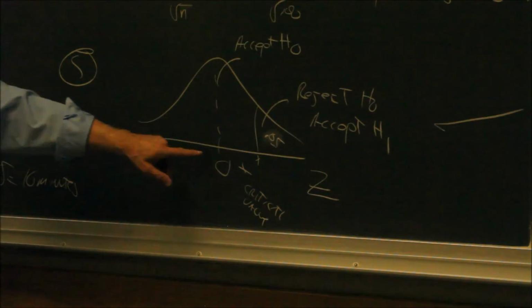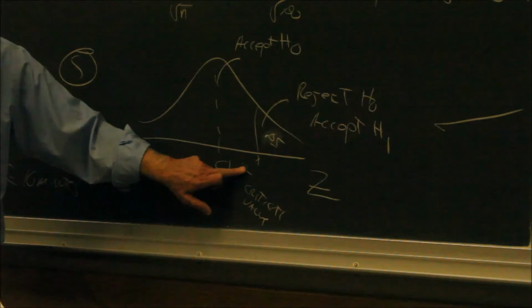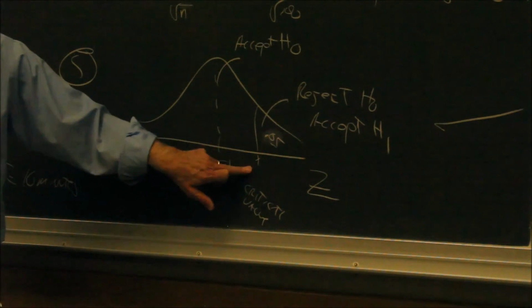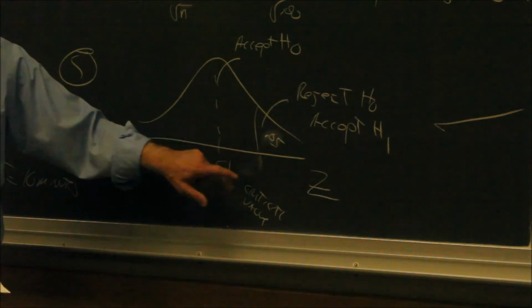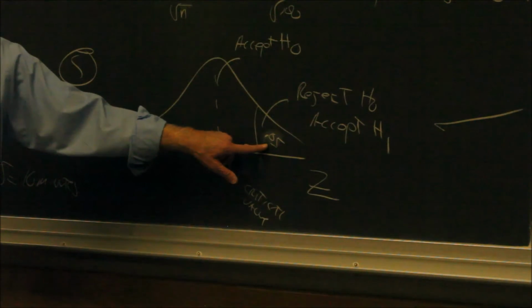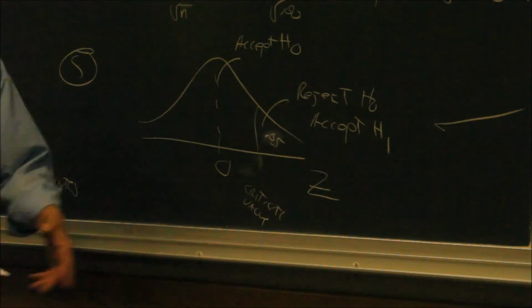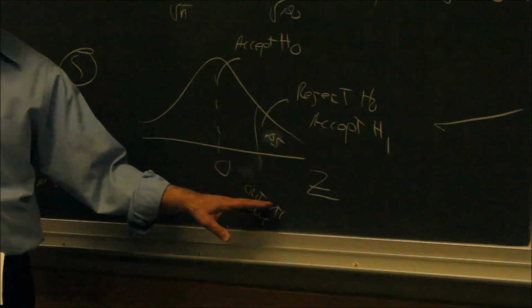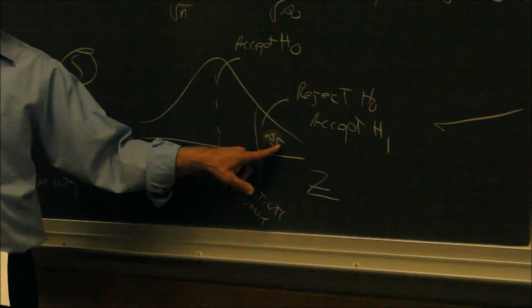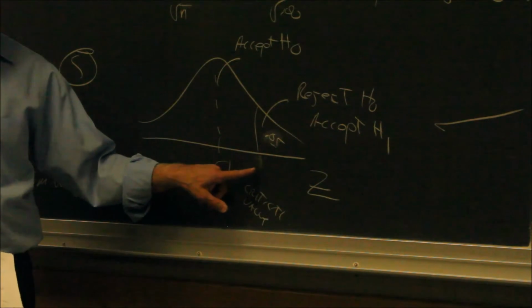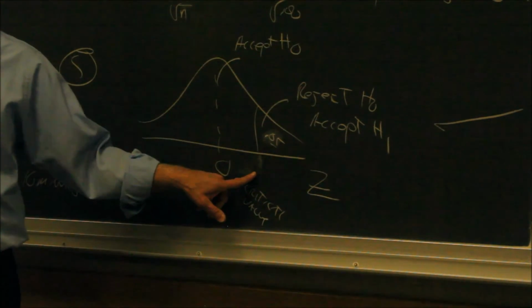And so, if 5% of the area is in the tail, what's this critical value right here? If this is a z-distribution, and you know 5% of the area is in the tail, how do you find the value for z?